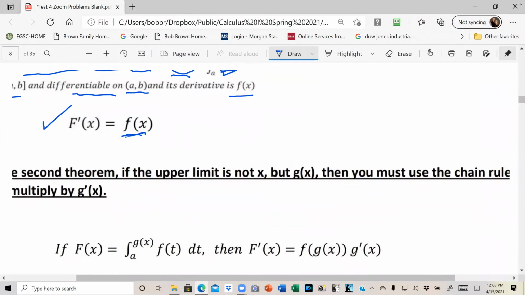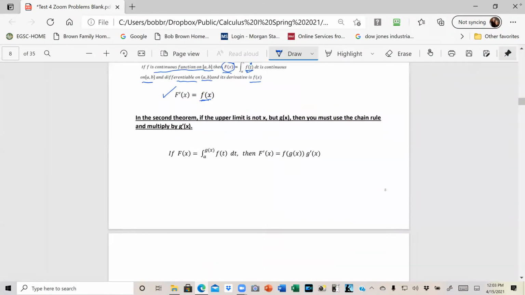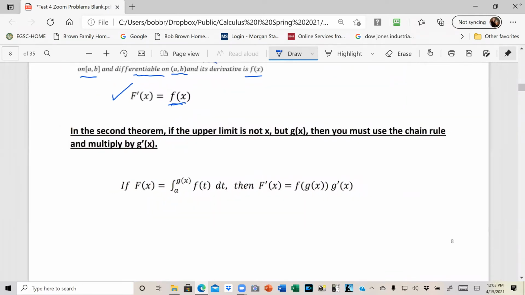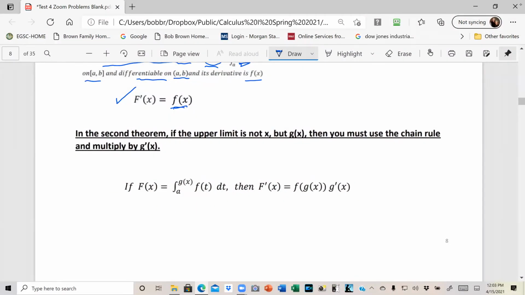Now, in the second theorem, if the upper limit is not x but g of x, then you have to use the chain rule and substitute g of x everywhere you see a t. But then multiply by g prime of x. That's the chain rule.